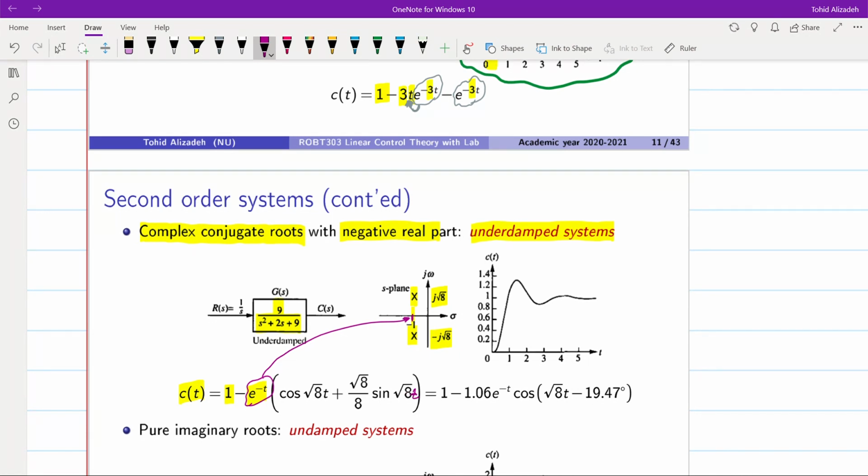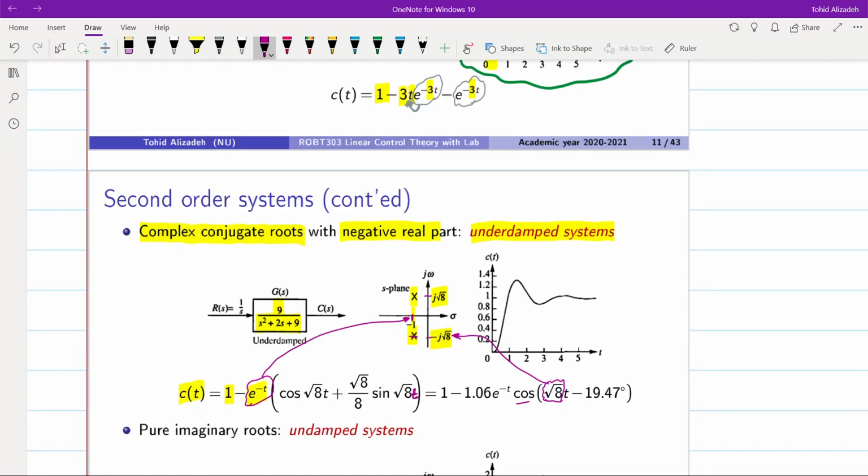It could alternatively be written in the form of 1 minus a coefficient times e to the minus t times a cosine term. You should also pay attention to the value square root of 8, which comes from the imaginary part of the poles.